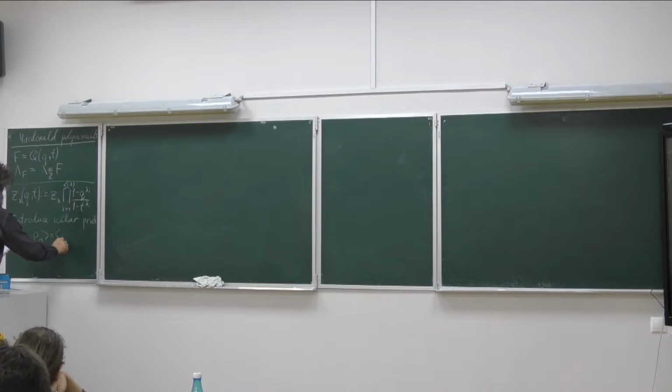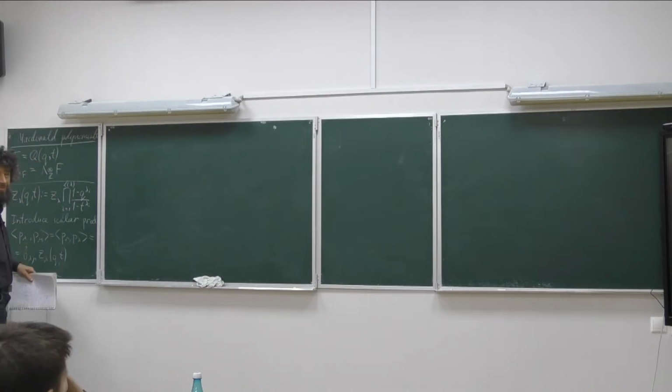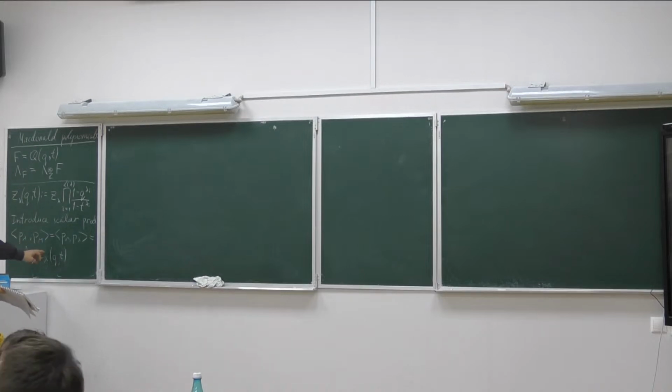It's symmetric, so it's the product of p nu and p lambda, and it is z lambda times delta lambda mu. F is this field, rational functions in q and t. So it's an orthogonal base with such length.